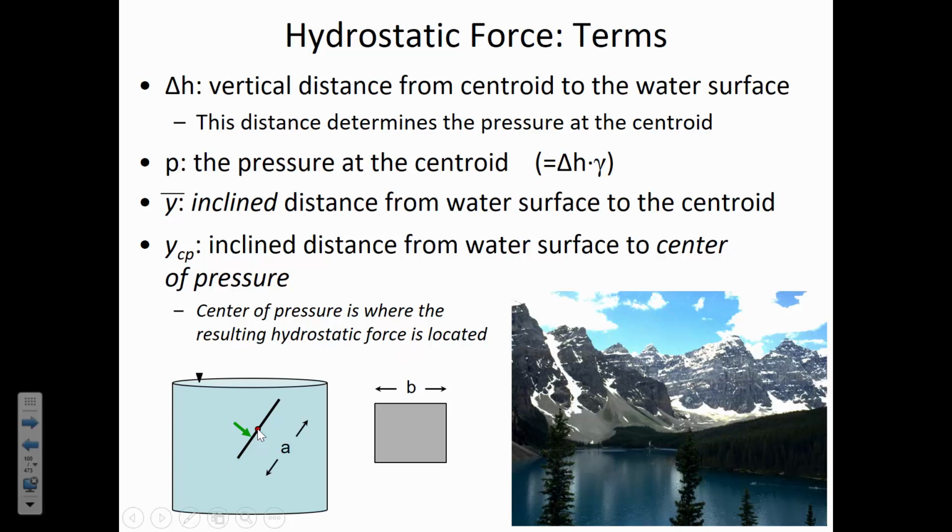So here I'm going to draw the equivalent force. And now that dimension here is YCP. So remember, Y bar was just to the centroid, but YCP is to where the force is applied.